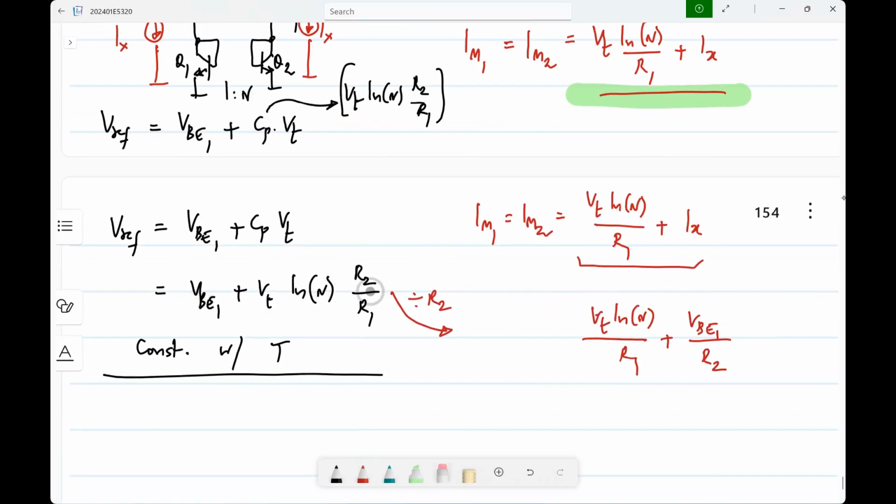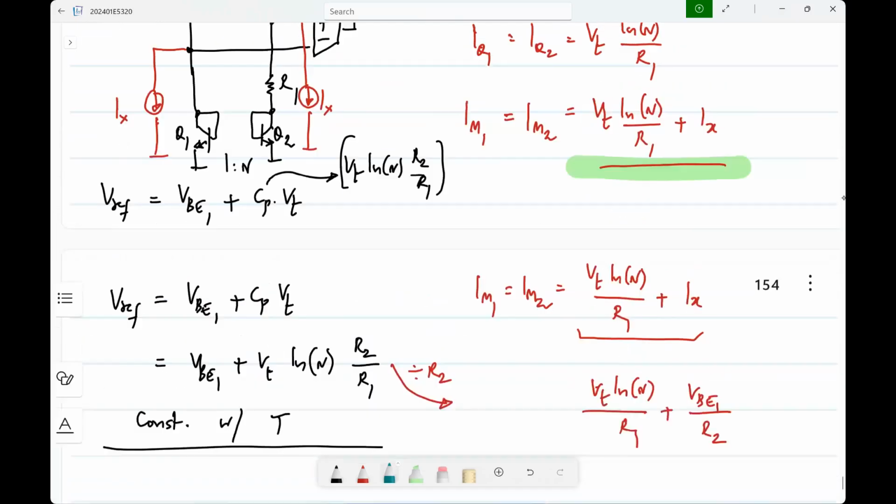Obviously, if this is constant with temperature and the resistors are independent of temperature, this also will be constant with temperature. So what should be Ix? Ix should be VB1 by R2.